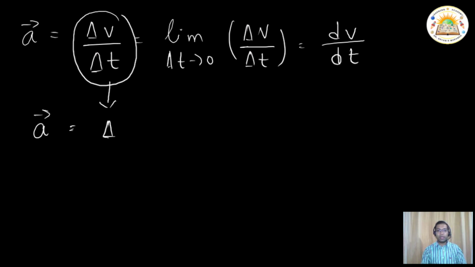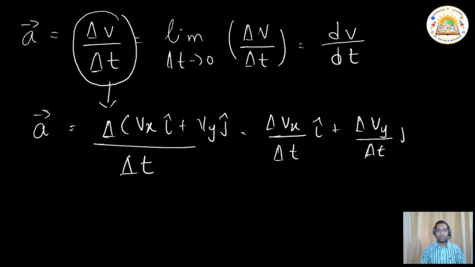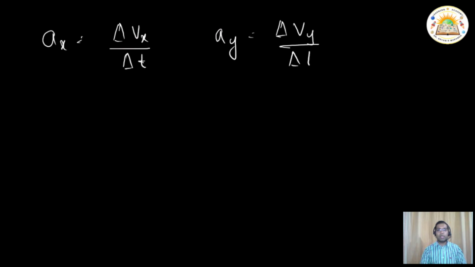In 2 dimensions, I have Vx i cap plus Vy j cap, which I can write as delta Vx by delta t i cap plus delta Vy by delta t j cap, or A vector is nothing but Ax i cap plus Ay j cap, where Ax was delta Vx by delta t and Ay was delta Vy by delta t. Now in terms of limits also we know how to do it, right?